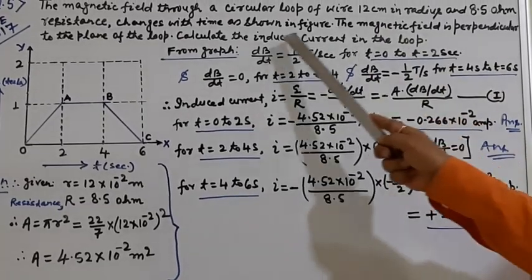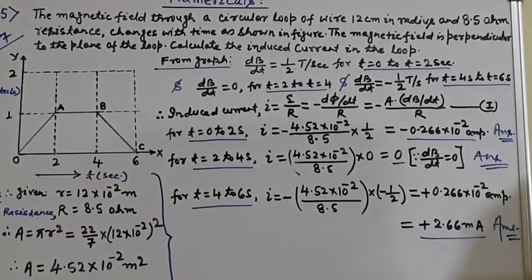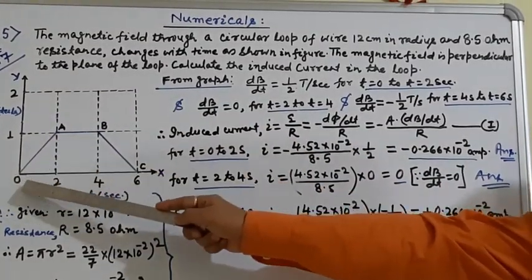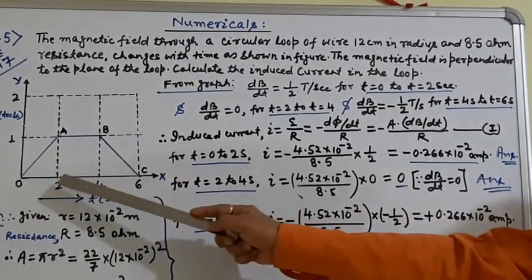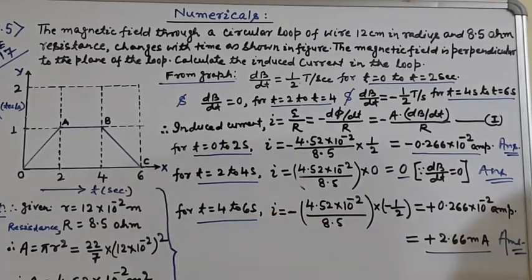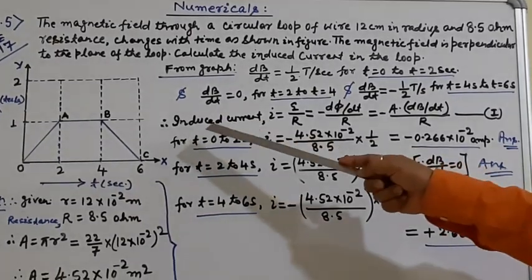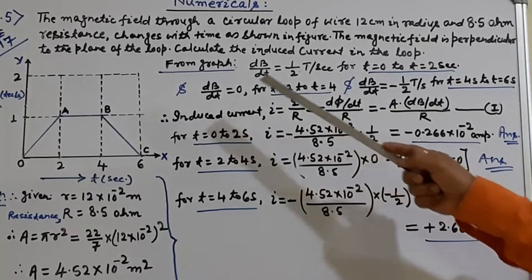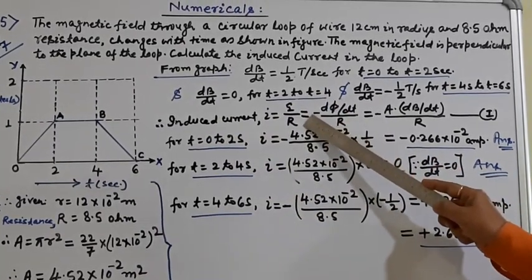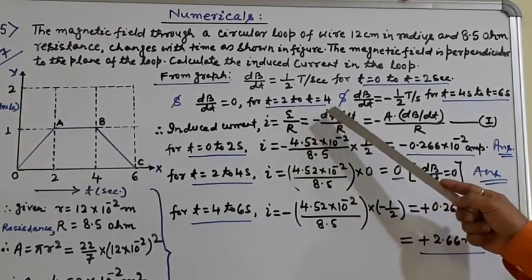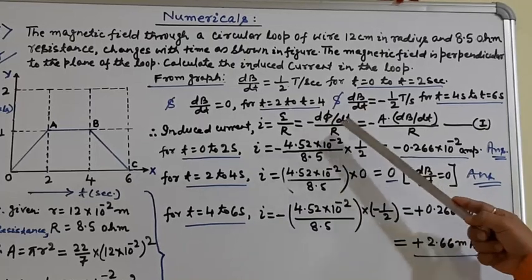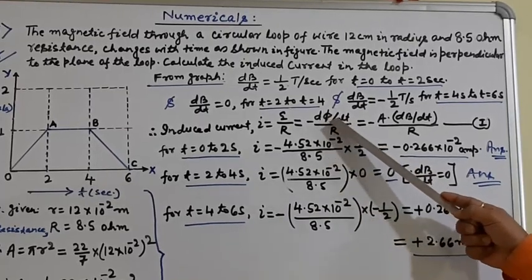Now with the help of this data from this graph, we'll find the induced EMF for the portion OA, time 0 to 2 seconds, portion AB 2 seconds to 4 seconds, and portion BC 4 seconds to 6 seconds, one by one. See here, I have written the formula for induced current. We know that induced current I is equal to induced EMF by the resistance R, and induced EMF is equal to minus d phi by dt. Phi is B into A, the magnetic flux.